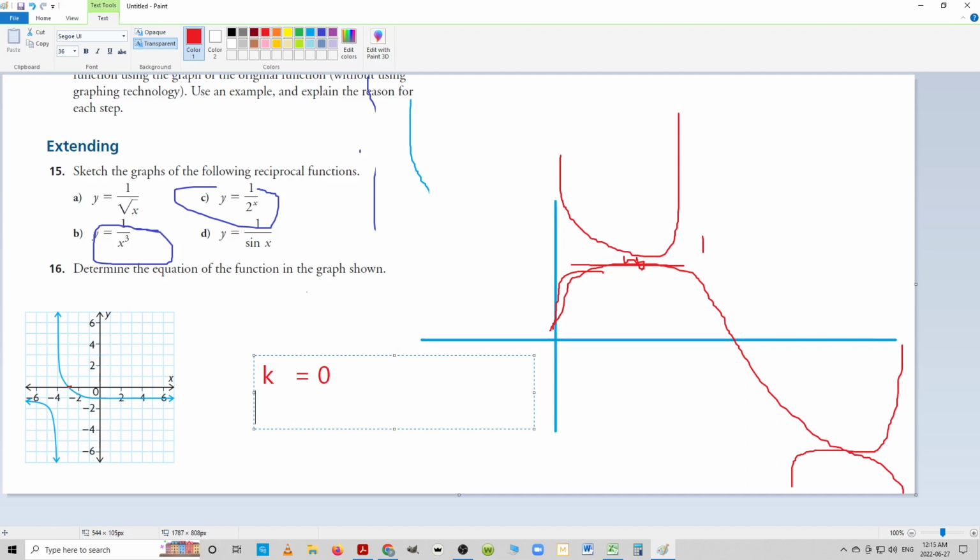So the whole thing is lowered by 1, because it looks like the new horizontal asymptote is this. So I'm going to suggest that it's this. 1 over x plus 4 minus 1. Let's see it.